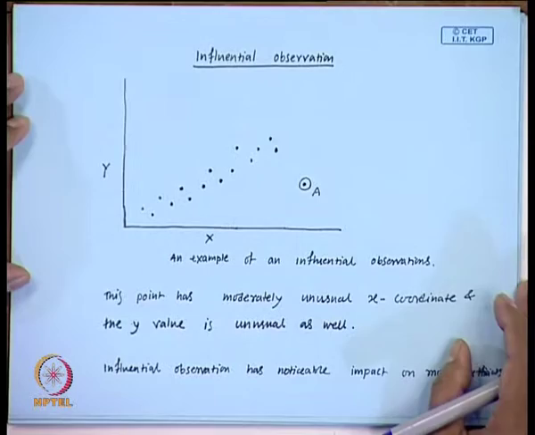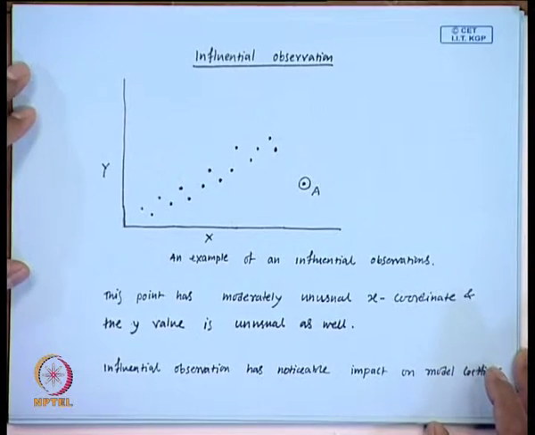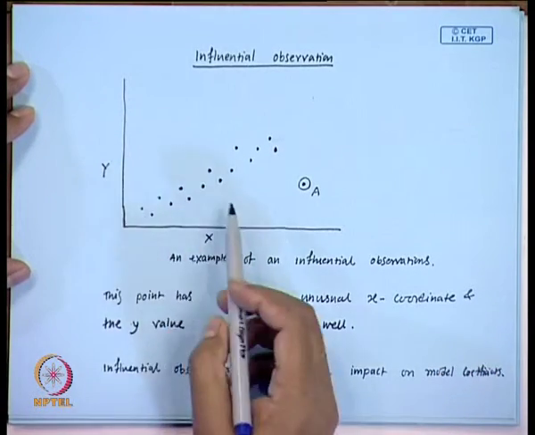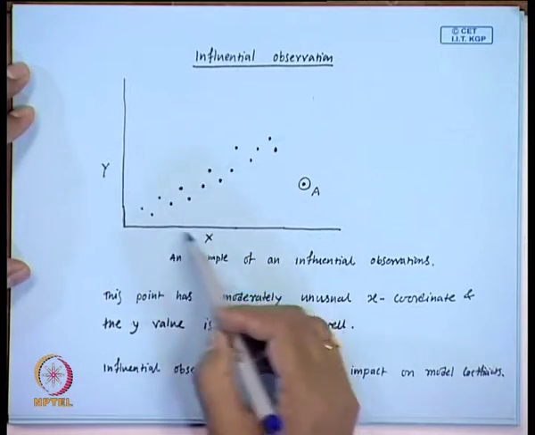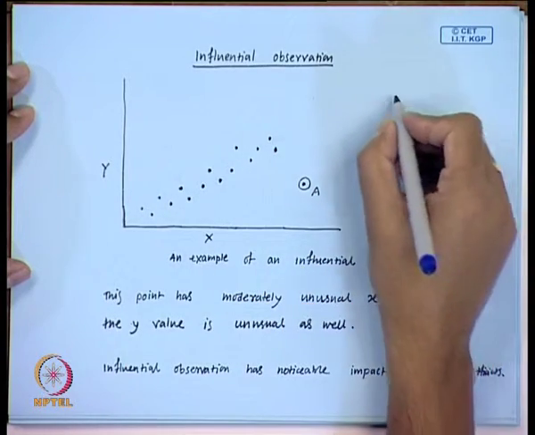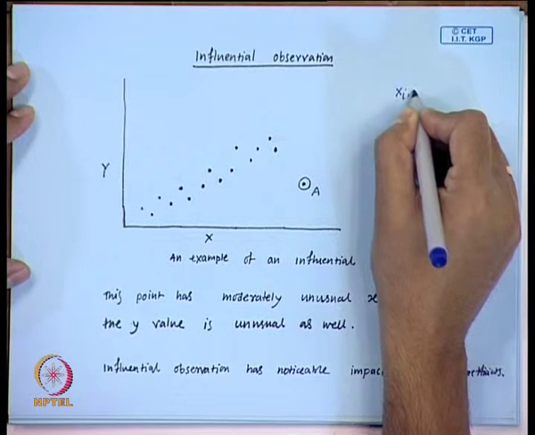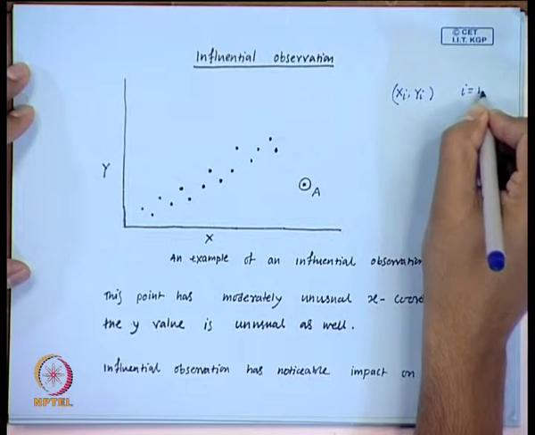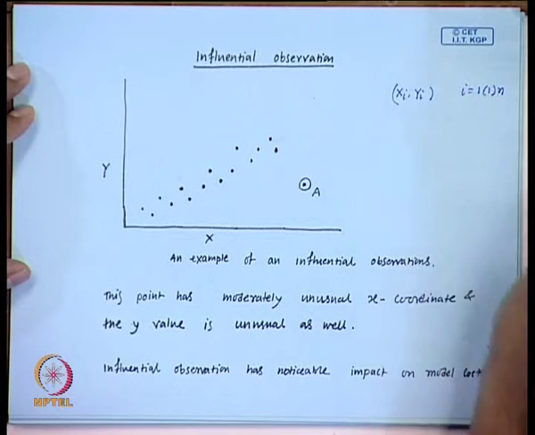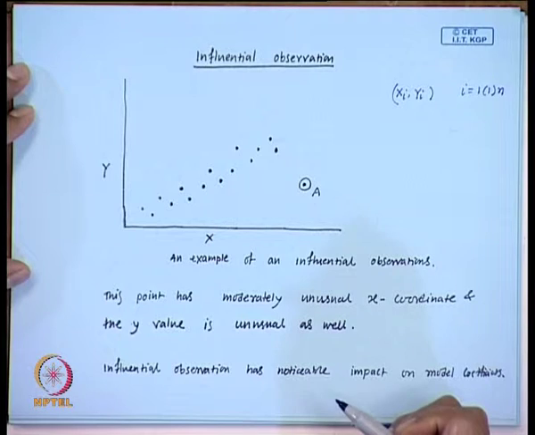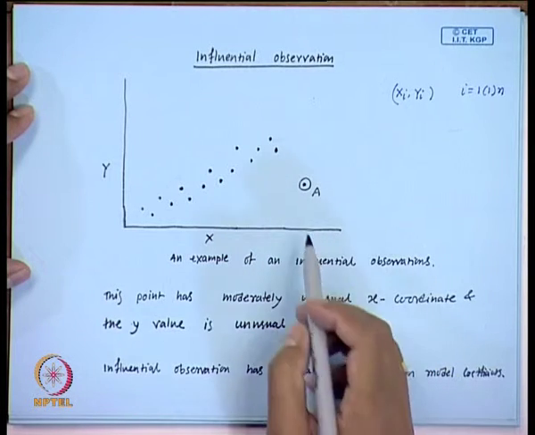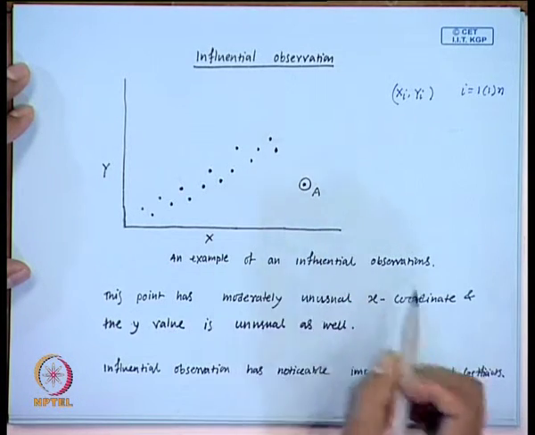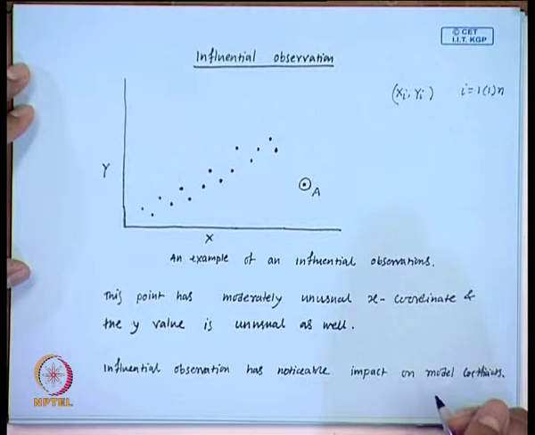Now, I will talk about influential observation. So, again this is a scatter plot for the observations xi, yi, i equal to 1 to n, and the point A here is called an influential observation.